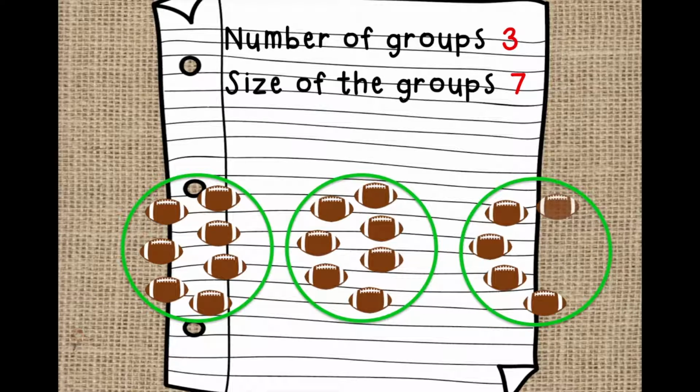I can count up all my footballs to get a total of 21. So 3 times 7 equals 21. The 3 represents the number of groups, the 7 represents the size of the groups, and the 21 represents the total. Nice job, friends!